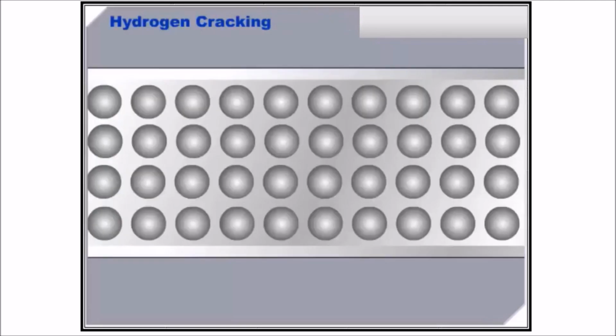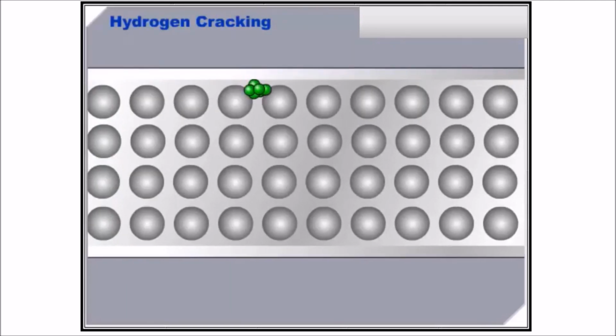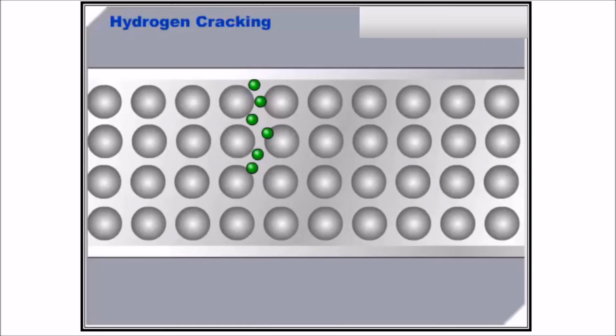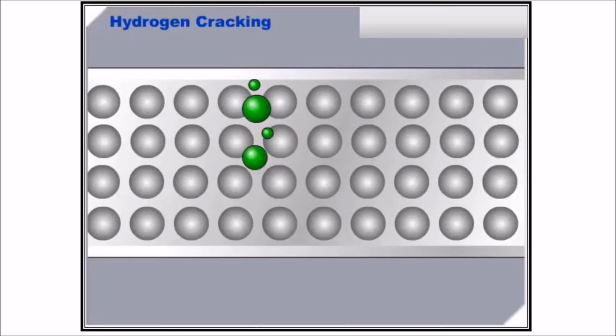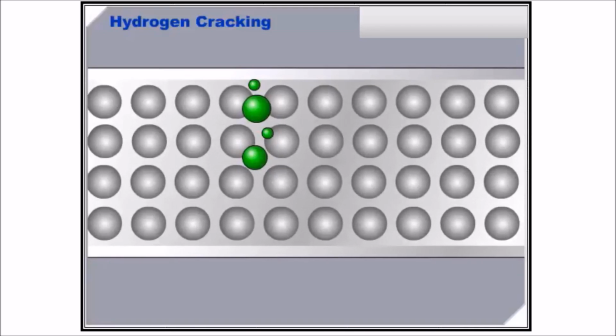The hydrogen atoms are quite small, and they can easily diffuse into the base metal structure. As they enter the base metal, the hydrogen atoms often recombine into the hydrogen molecule, or H2, a combination of two atoms of hydrogen, which is much larger than a single atom of hydrogen.